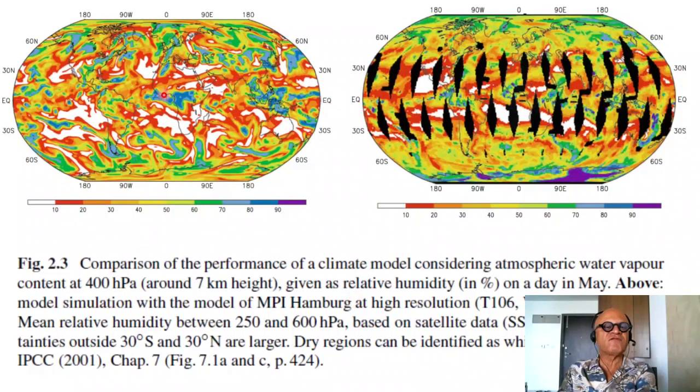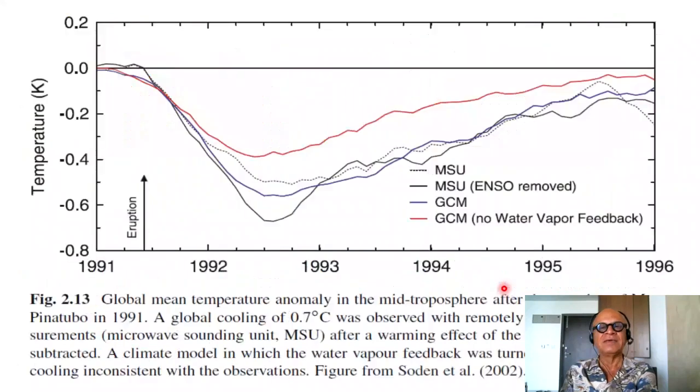And we looked at this before, saying models compared to observations are doing reasonably well in a mean sense. But what does that mean? So this is for a day in May. If we look at other evidence, a good one is to look at the impact of volcanoes, which give a natural large-scale climate experiment. So we already talked about how volcanoes cool the global climate, they also do other things like droughts, redistribution of precipitation, cooling is one of them.